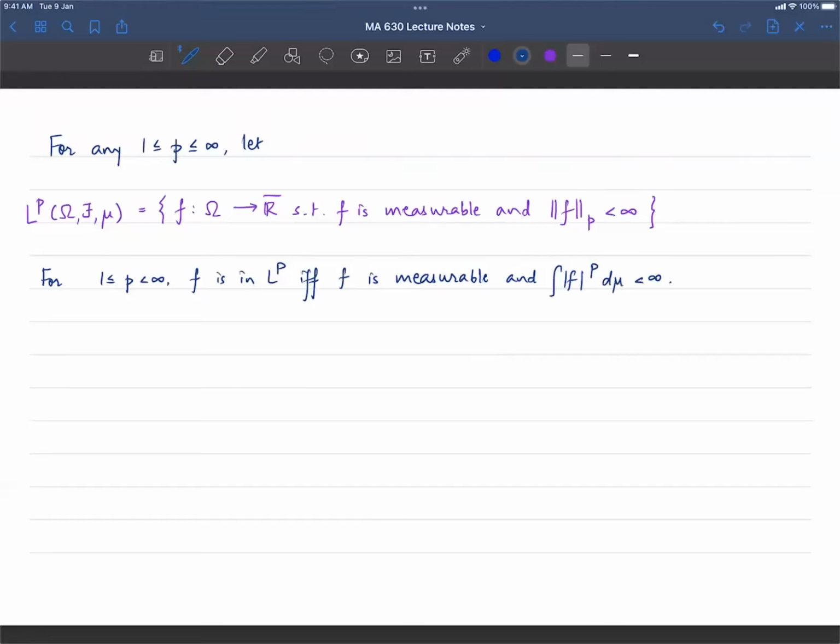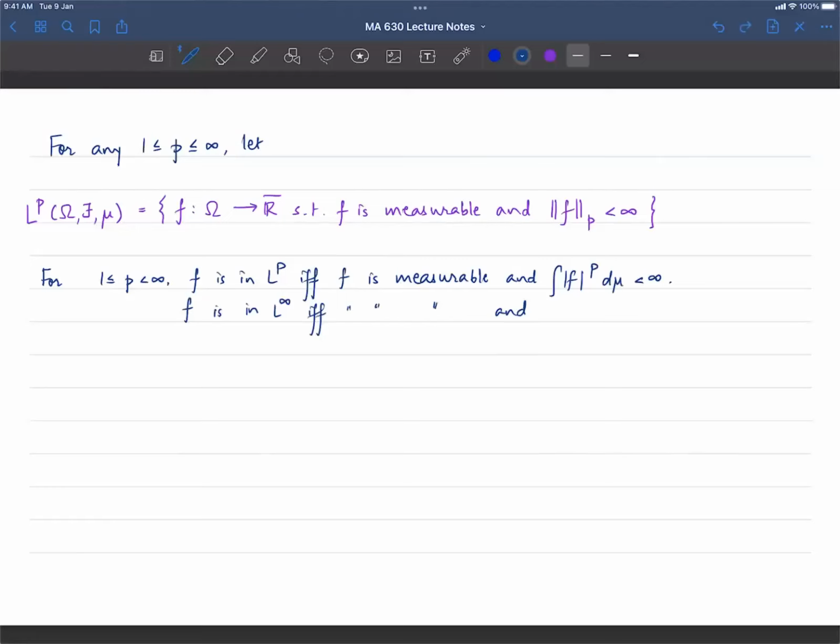And f is in L infinity if and only if f is measurable and, well, basically, you know what this means.